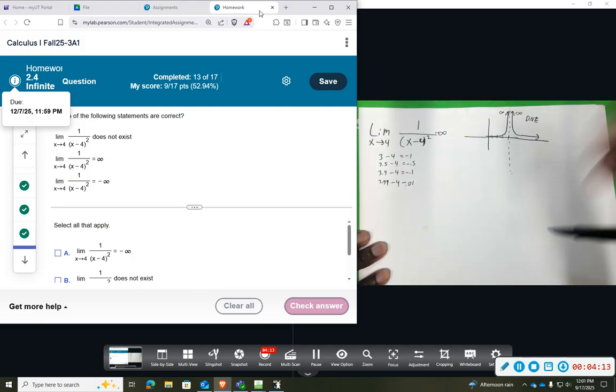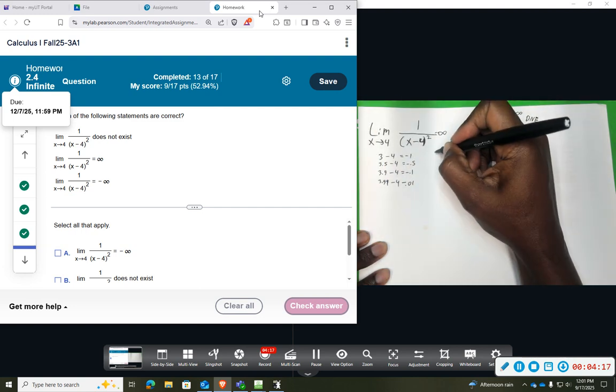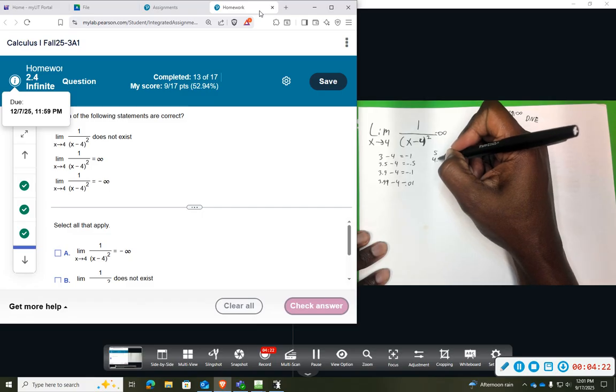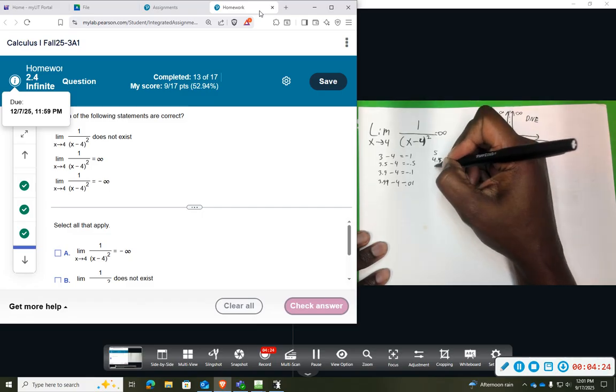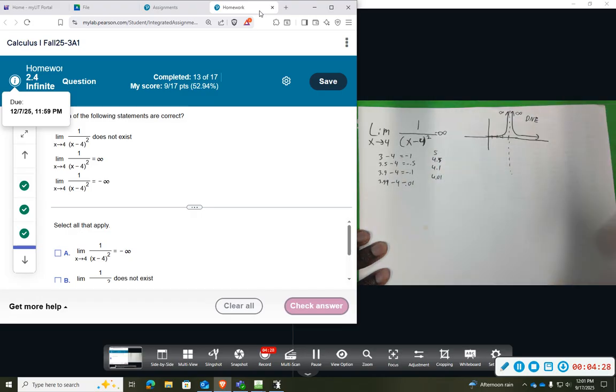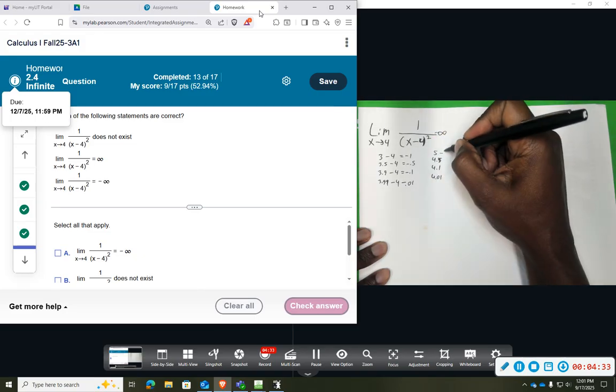Now if I approach it from the right, I'll start with something bigger than 4 and come down. So let's say 5, and then 4.5, and then 4.1, and then 4.01, and so forth. We're just getting closer from the other direction. And again, we're subtracting 4.